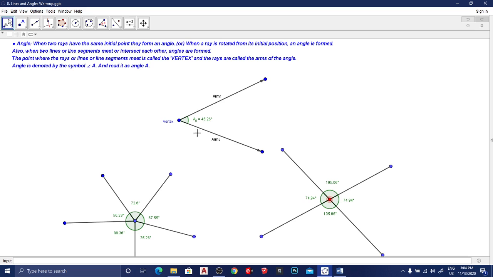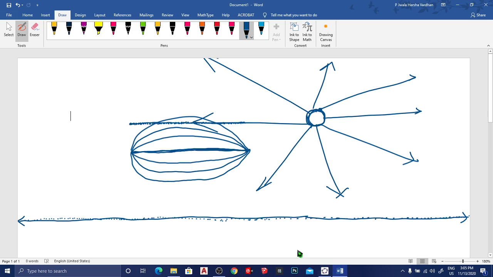Angle is denoted by this symbol, angle A, and you have to read it as angle A. If you write the bottom line as a straight line and the other as a tilted one, this is called an angle.